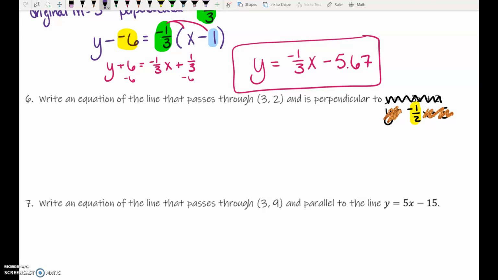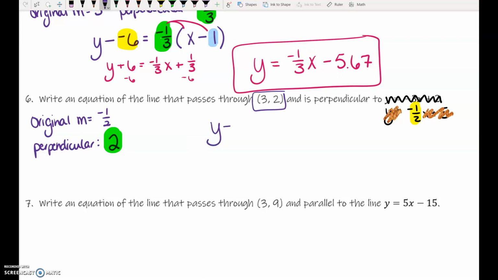Okay, so the original slope was negative 1/2. What is the perpendicular slope? Positive 2. So we are going to use the slope of positive 2. It needs to go through the point (3, 2).